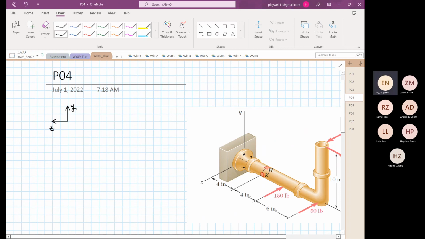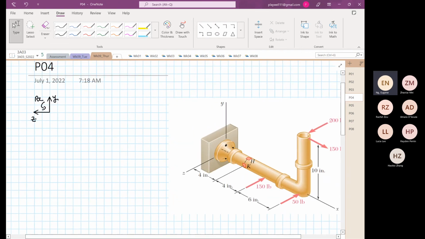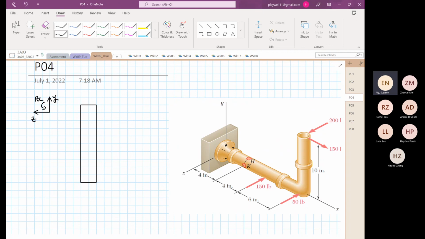And then right hand rule, this is rotation about X. So I'm just going to sketch this. Not the best sketch, but it will do. Okay, and then we have a chain line down here.